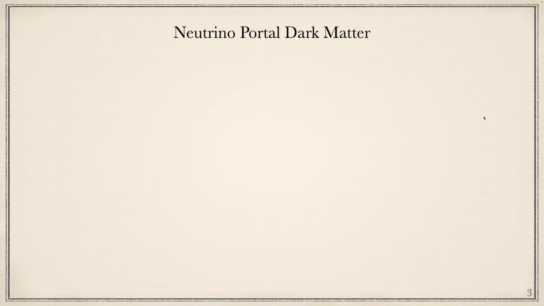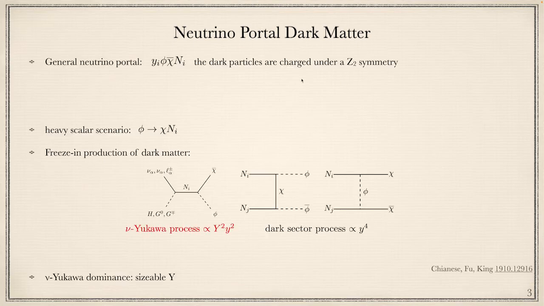Okay, let's start with neutrino portal dark matter in the type 1 Seesaw model. What I mean by neutrino portal is basically this term in the Lagrangian. It's a Yukawa type interaction between a dark scalar phi, a dark fermion chi, and the right-hand neutrino. The portal coupling is marked with small y. And the dark particles are charged under a Z2 symmetry, which can stabilize the lightest one of them.